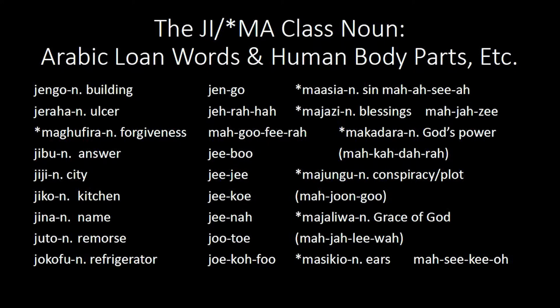So let's get started. We'll look at the different nouns and use the concept of transliteration to help you know how to pronounce each word. First word is jengo, building. Next, jeraha, wound.